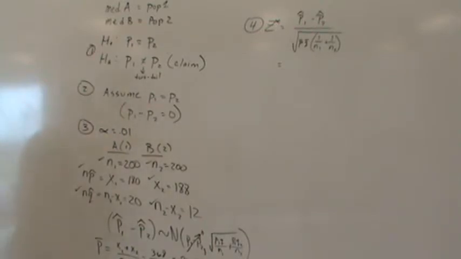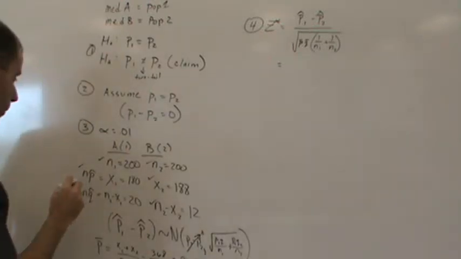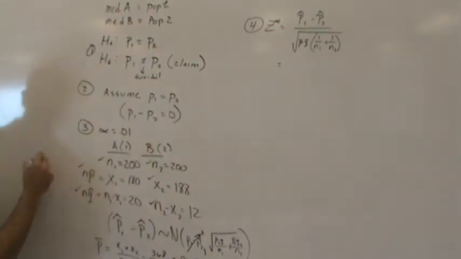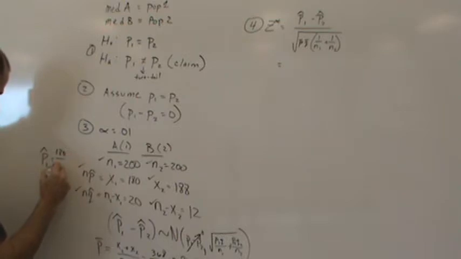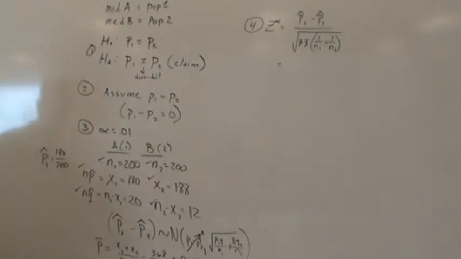So what do I get? Well, what's p hat 1 and p hat 2? We still need to figure that one out too. So p1 hat is equal to x1 over n1, so that's 180 over 200, which is going to be, well, it's going to be 0.09, or excuse me, 0.9.